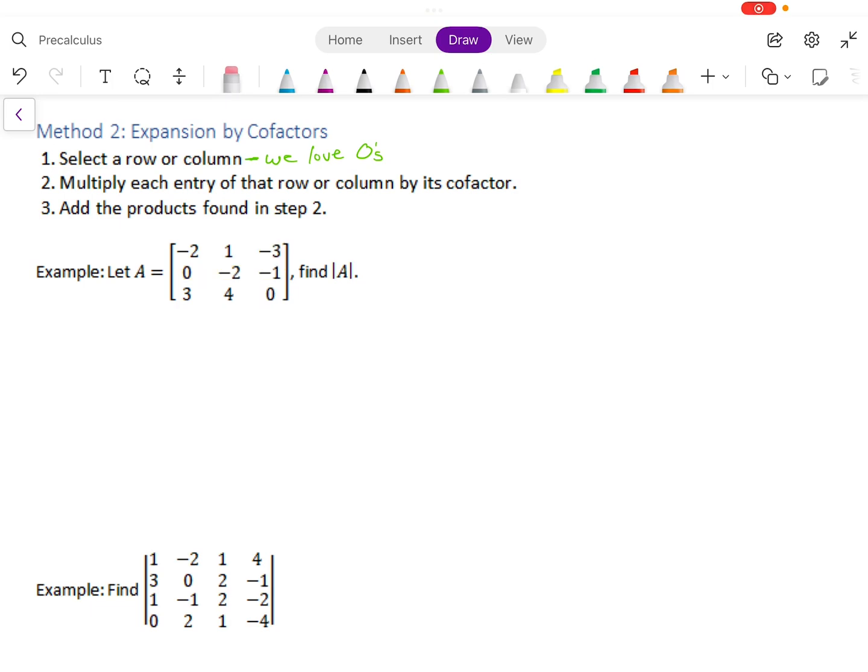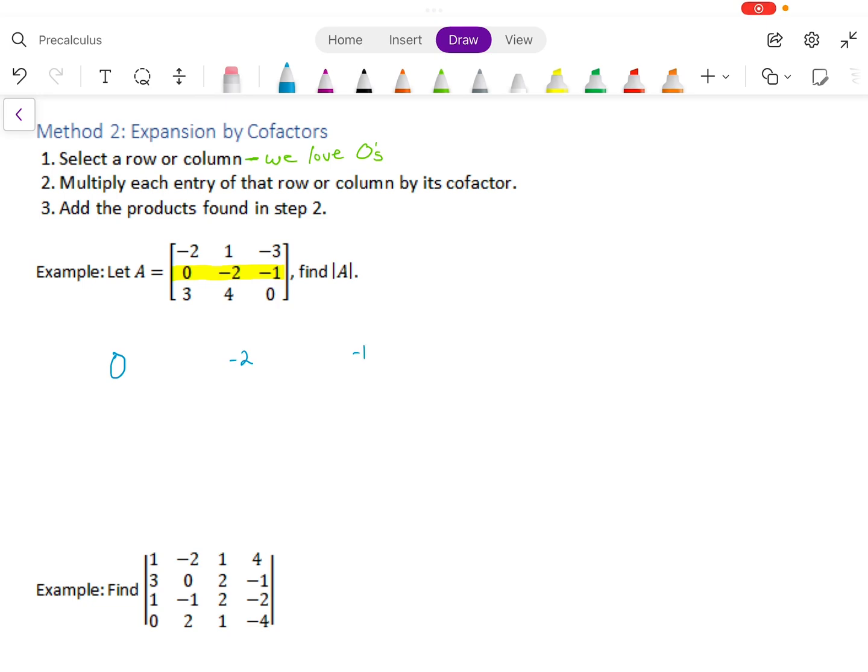All right, so we're going to go ahead and work with this second row. So that was step 1, that was the easiest one. Step 2: multiply each entry of that row or column by its cofactors. So we're going to take each entry of this row. Here's the 0, here's the -2, and here's the -1.